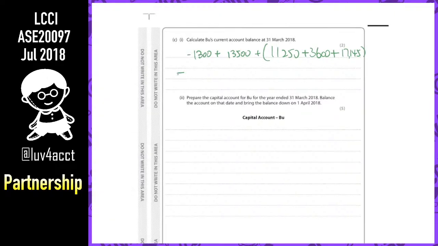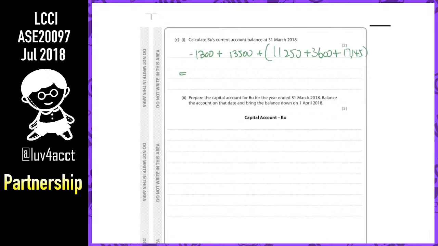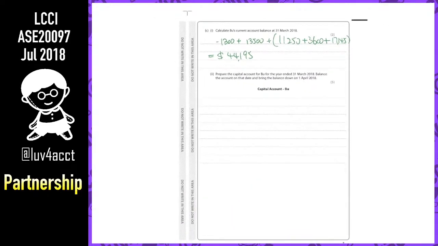Okay, so these 3 things. Okay, it will be 44195. Okay, so next we have to calculate the capital account for Bu.